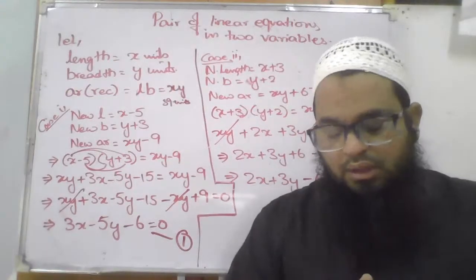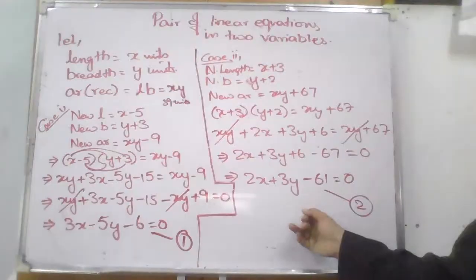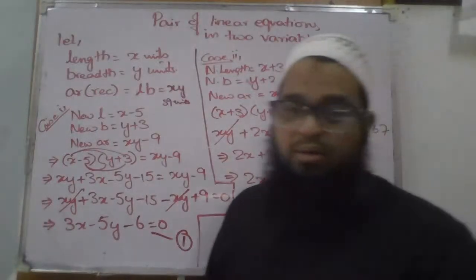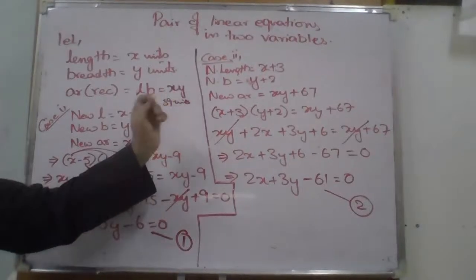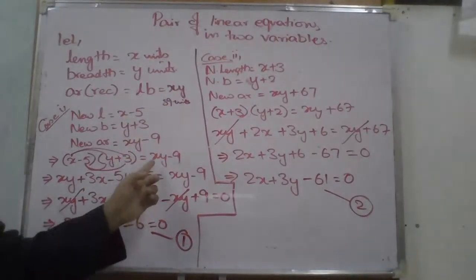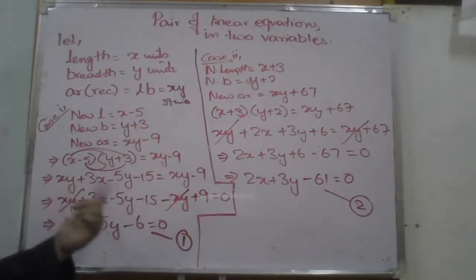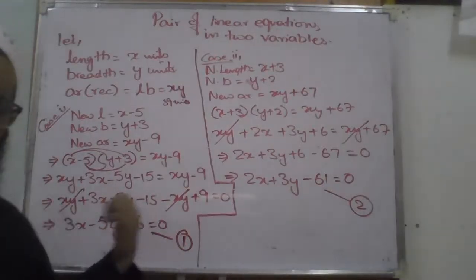Understood? Try to do this problem. This is one of the good problems, because students get confused when they get the xy product, but when you go on, it will be cancelled.